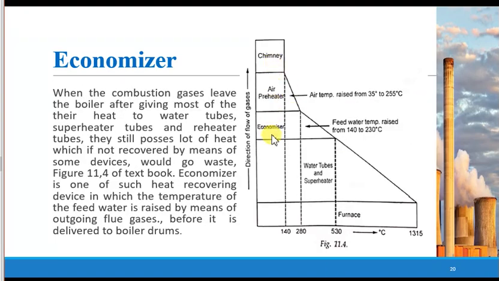So we can use these heaters to extract heat from the flue gases which are already going outside to be expelled to the environment. So we are using that heat, which is just like a byproduct, to heat the feed water, so it increases the efficiency of the power plant.